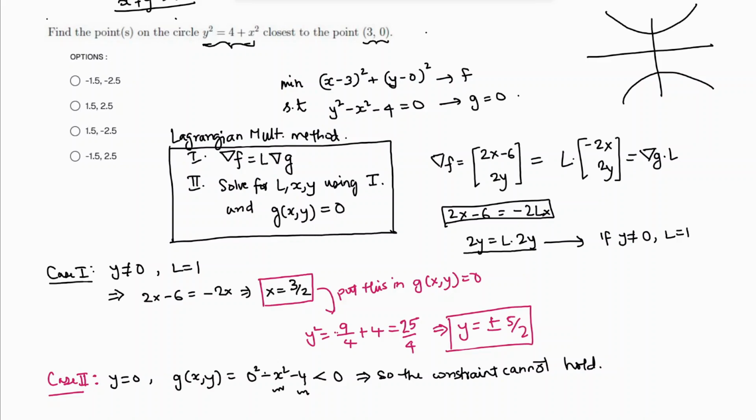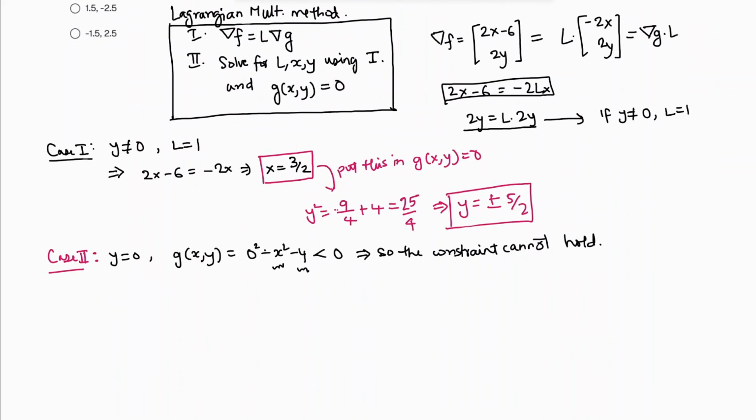So the only solutions we have as of now are x is 3 by 2 and y is 5 by 2, and another one, 3 by 2 and minus 5 by 2. Now we compute the value of f. So f of (1.5, 2.5) will turn out to be 9 by 4 plus 25 by 4, which is 34 by 4.